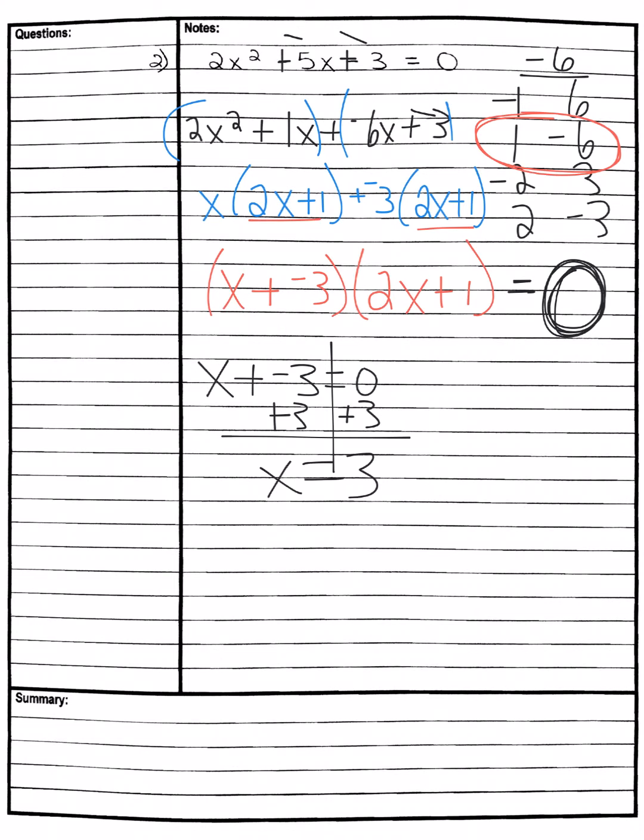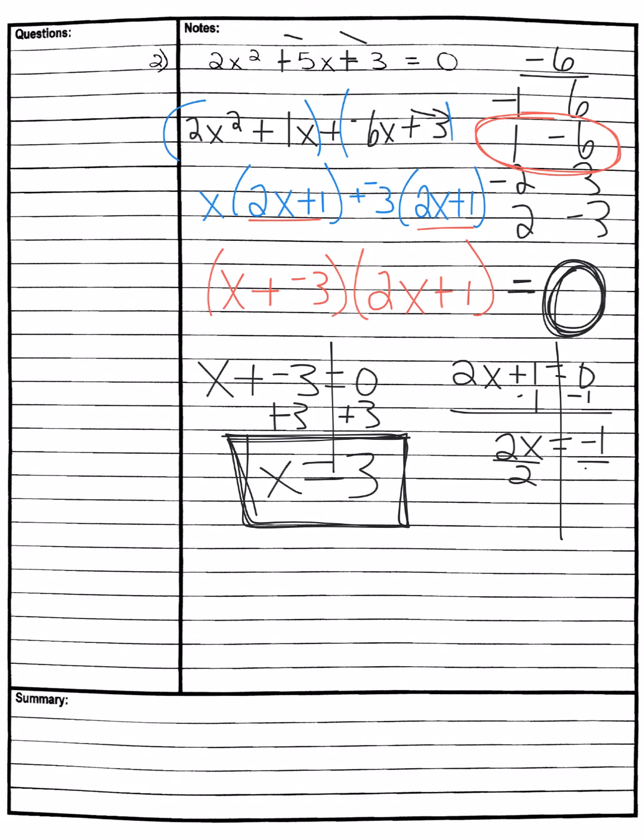One of my solutions is positive 3, crossing the x-axis at positive 3. And my other solution, it's okay if we have fractions, we're going to end up with 2x equals negative 1. I still have that 2x, so we need to divide both sides by 2.